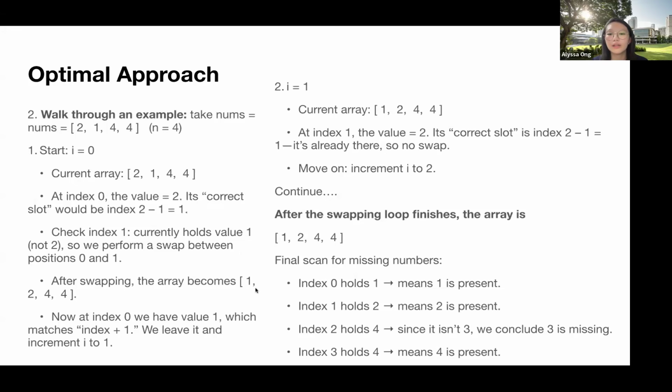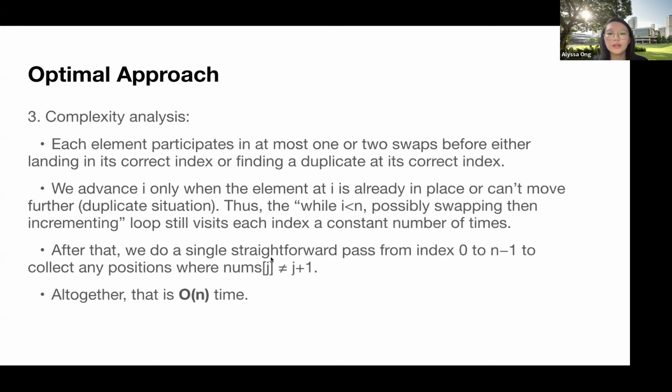After that, you can give a final summary where you state the final array, and then you can work on the complexity analysis. Because each element participates in at most one or two swaps before either landing at its correct index or finding a duplicate at its correct index, we advance i only when the element at i is already in place or can't move further, which happens in the duplicate situation.